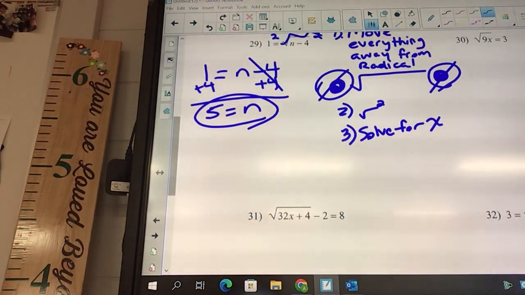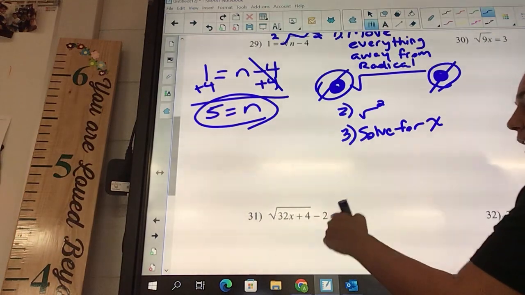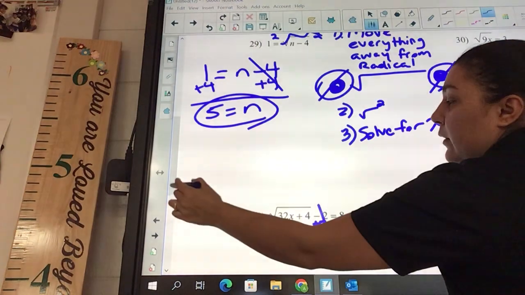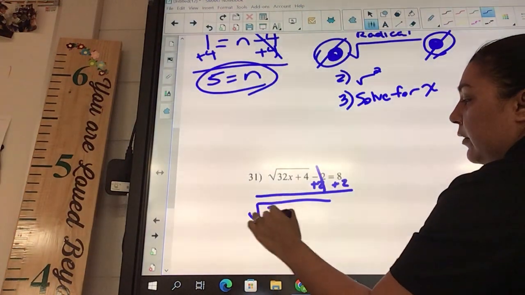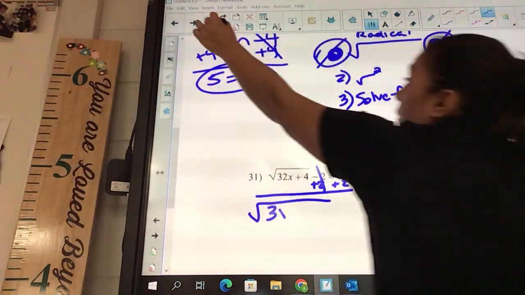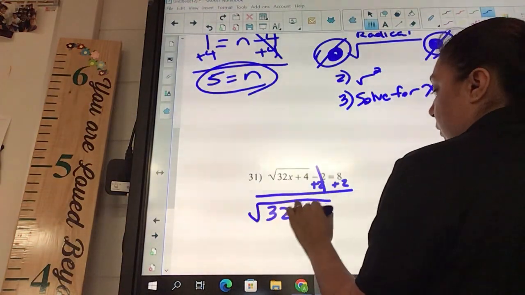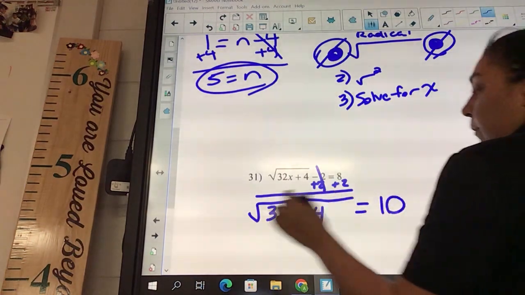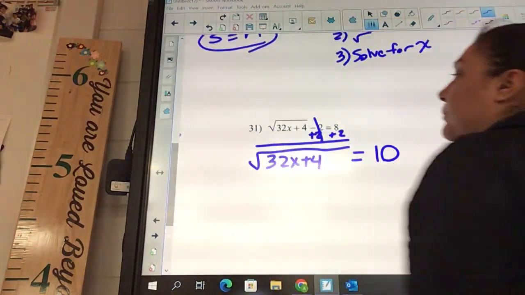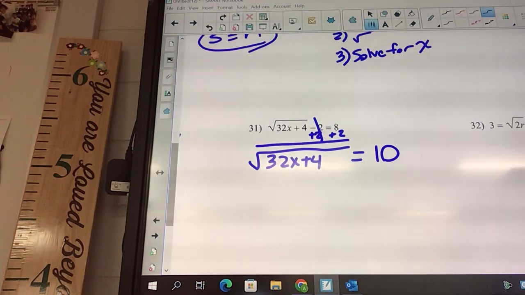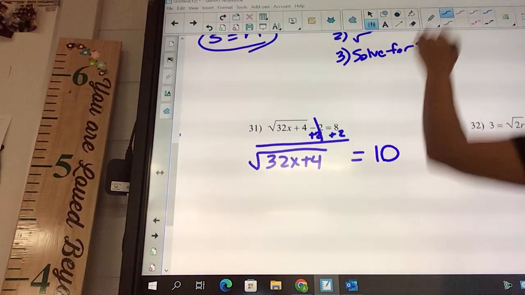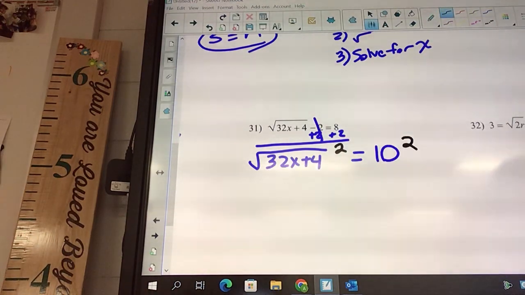Okay, 31. What's going to get done first? Add 2 to both sides. See how it's hanging outside the radical? That means it needs to be moved first. So we get the square root of 32x plus 4 equals 10. Then we square both sides, so squared and squared.